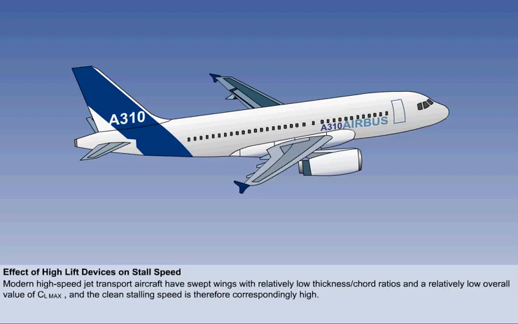Modern high-speed jet transport aircraft have swept wings with relatively low thickness chord ratios. For example, the Airbus A310 has a ratio of 12%. The overall value of CLmax for these wings is fairly low, and the clean stalling speed therefore correspondingly high.